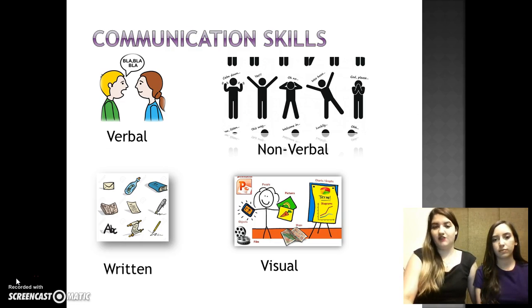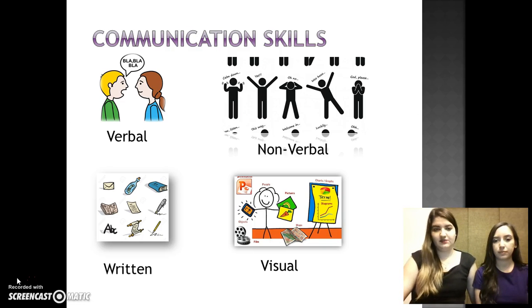Also, we need to show confidence when we are giving a speech because you want to make your crowd believe what you're saying. We have the written now, which is text or phrases that we use during the presentation. So we want to focus on those main points that we are giving to a crowd so they can watch and not just listen.